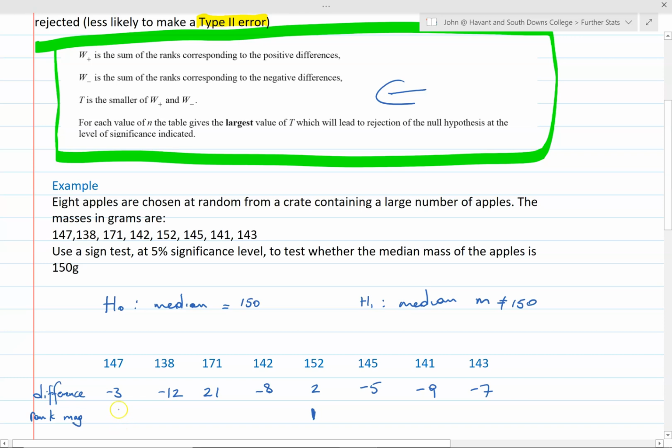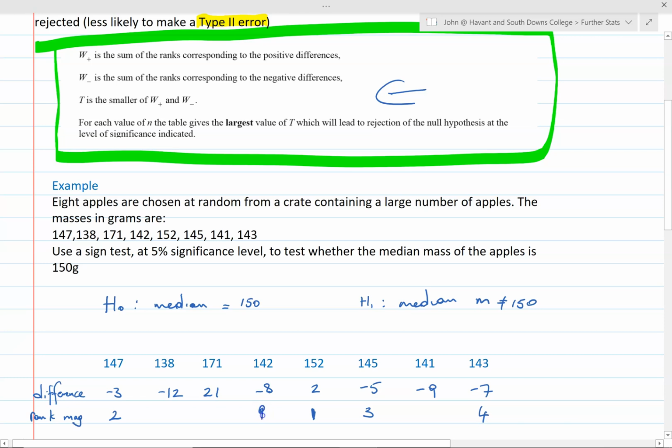The next smallest is the 147, which has a difference of 3, so that's rank 2. Then the next smallest magnitude is the -5, because it's a magnitude of 5, which is rank 3. The next smallest is the -7, so it's rank 4, and so on.